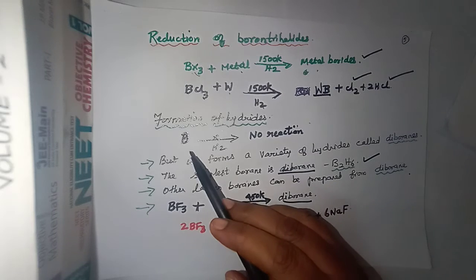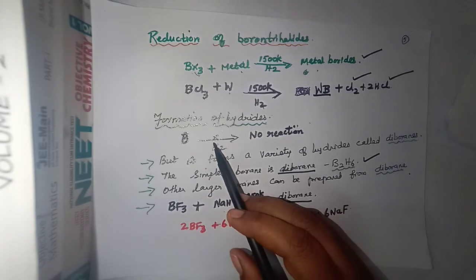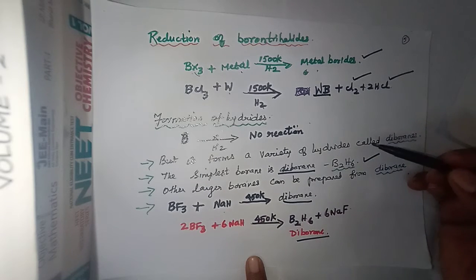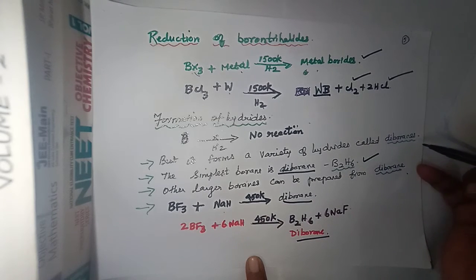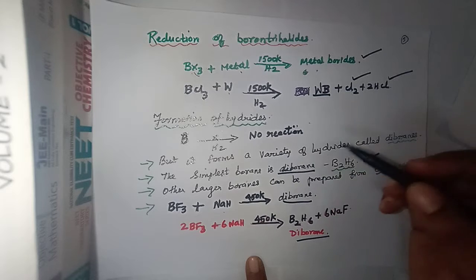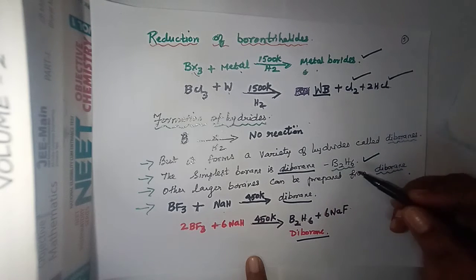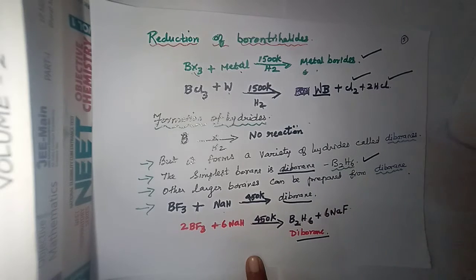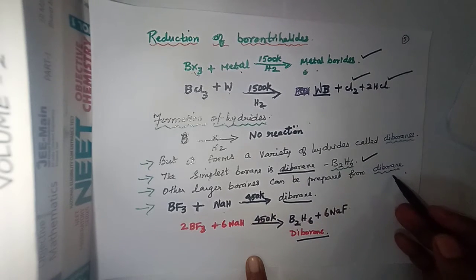Again, boron does not react with hydrogen, no reaction takes place, but it forms a variety of hydrides called boranes. The simplest borane is diborane, formula B2H6. Other larger boranes can be prepared from diborane.